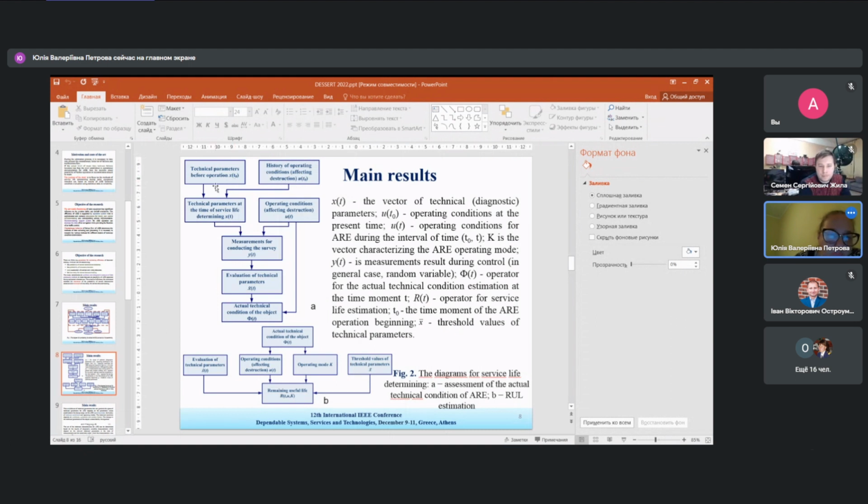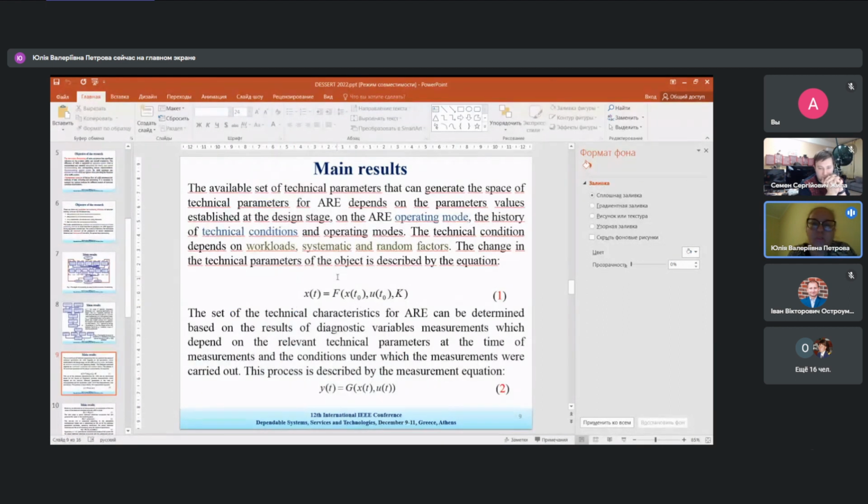Then we deal with technical parameters as the service life determining and operating conditions. Then measurements for conducting the survey, evaluating technical parameters and the actual technical condition of the object.